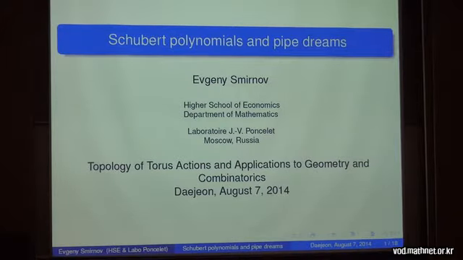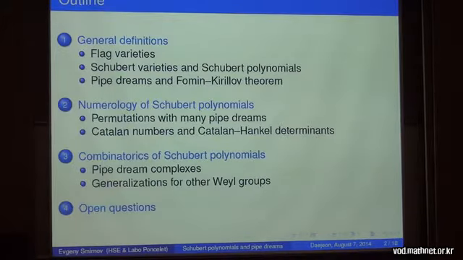Here's the outline of my talk. First, I'll recall some basic definitions about flag varieties, Schubert varieties, Schubert calculus, and so on. Then I'll tell you what the Schubert polynomials are, and say something about their numerology, and about combinatorics related to Schubert polynomials, about pipe dream complexes, about some nice complexes.